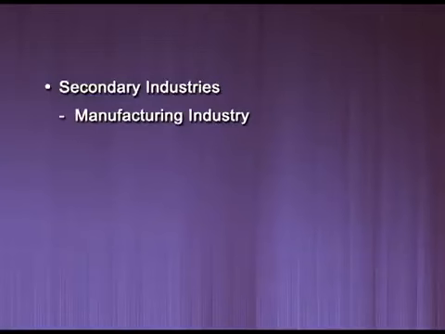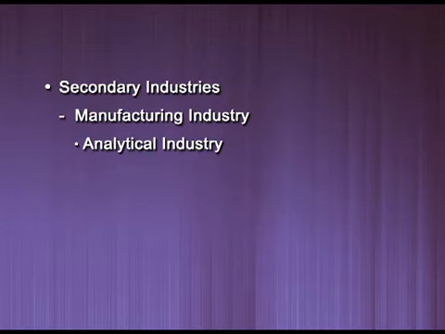Now, the secondary industry can further be divided into various types of industry. First is manufacturing industry. As its name suggests, manufacturing means producing and processing the goods which are being provided by the primary industry. We can classify the manufacturing industry into various ways.